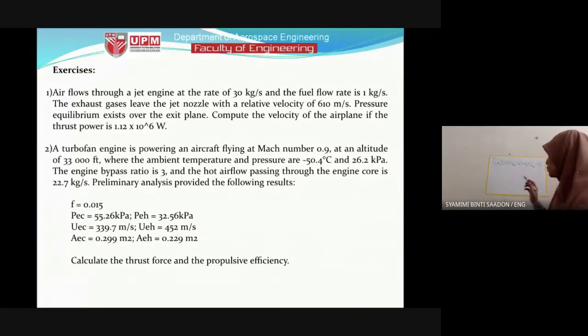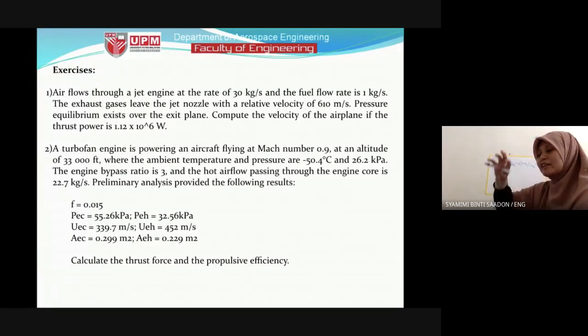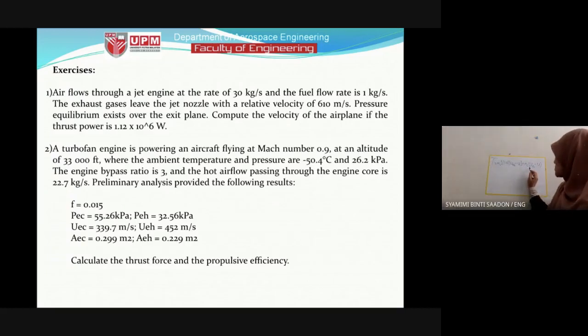So for turbofan, we have to add another term, plus MC, the mass flow rate of the air that goes into the bypass duct. We call it MC because M cold. It is colder than the mass flow rate that goes into the engine. MC is multiplied with UEC minus U, the same definition of momentum thrust, M dot multiplied with velocity.